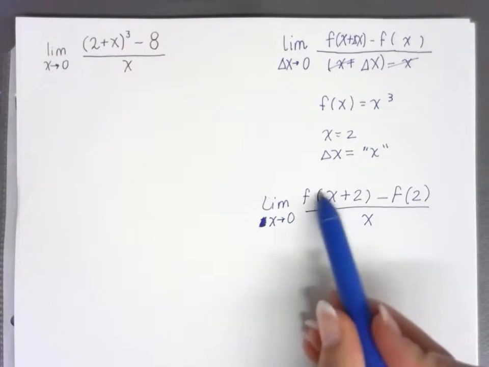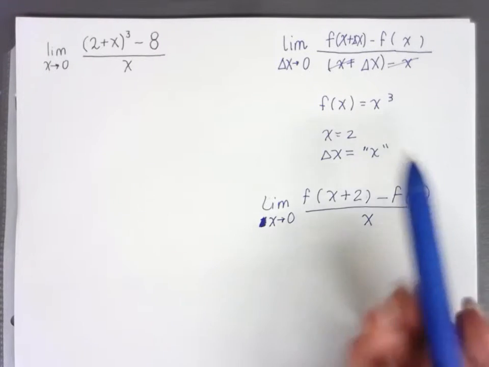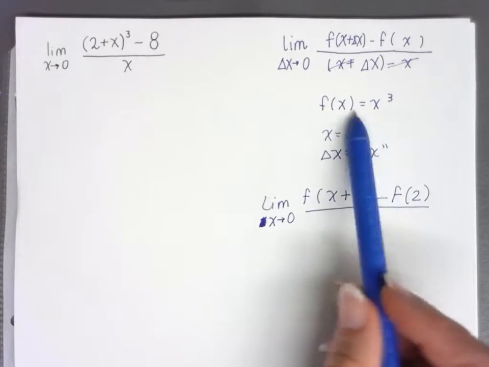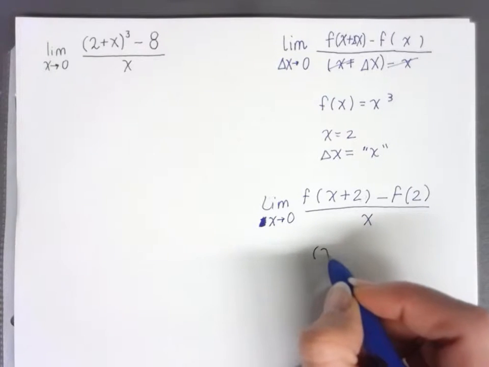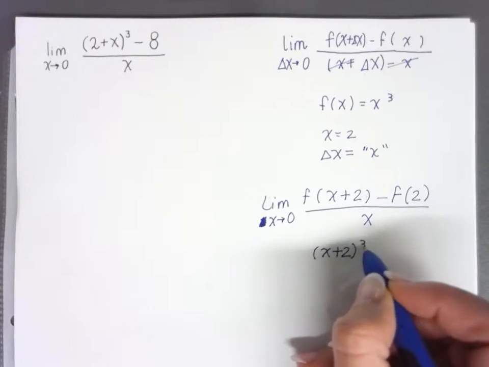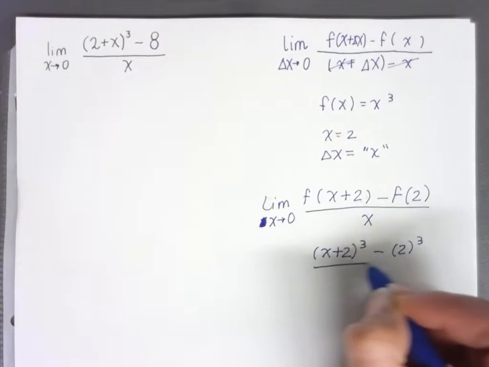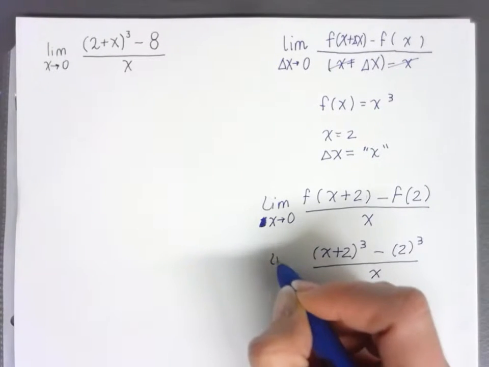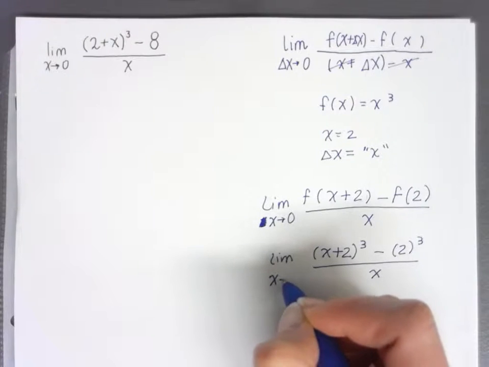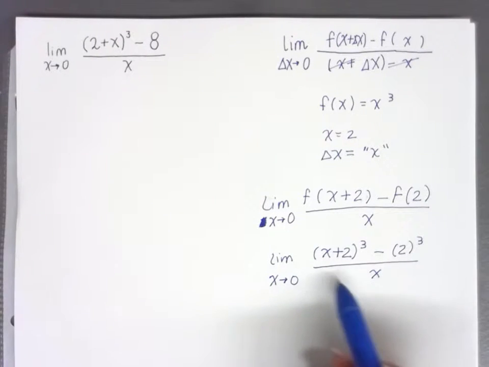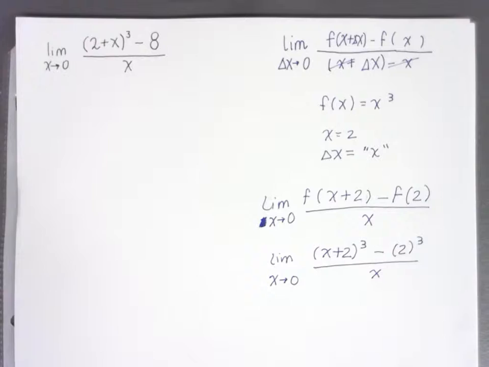If I fill that in, 2 plus x, evaluate that for my function x cubed, do you see it's going to be 2 plus x quantity cubed? And then that is going to really be 2 cubed over x, but 2 cubed is equal to 8. So that right there is essentially the problem.